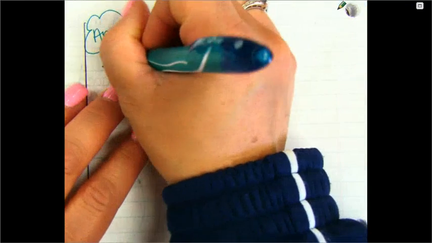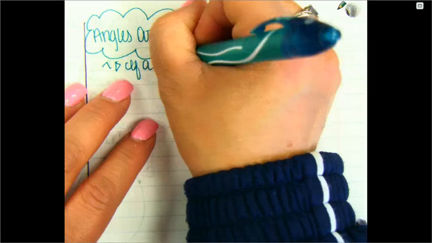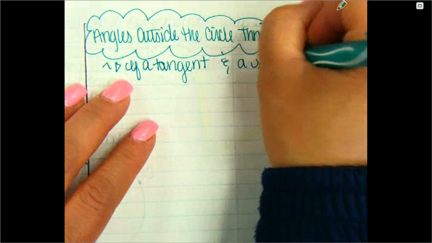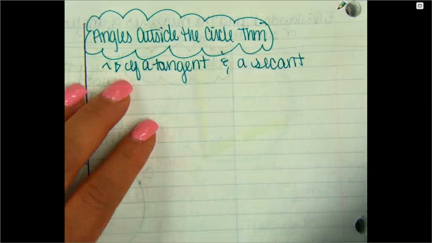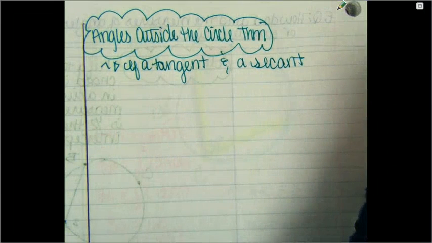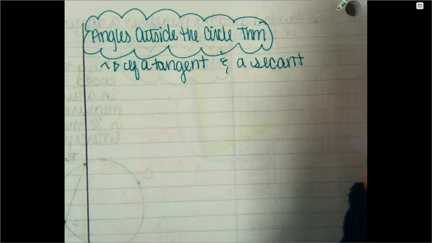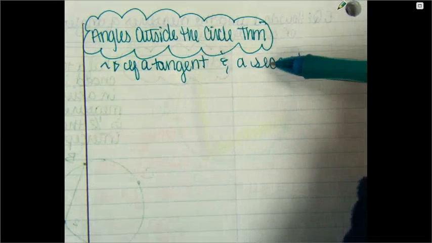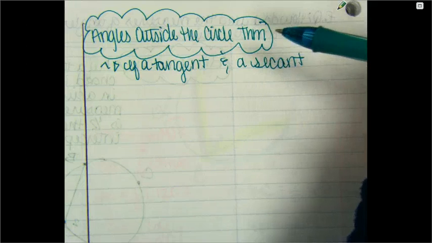It says, if a tangent and a secant. What's a secant? We just went over tangent. Tangent touches the circle how many times? Once. What's a secant? Touches it twice, okay?